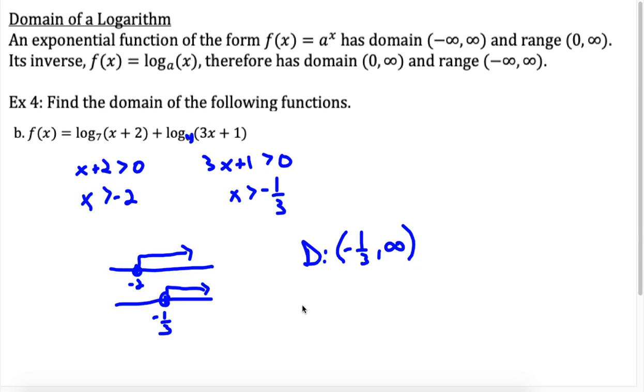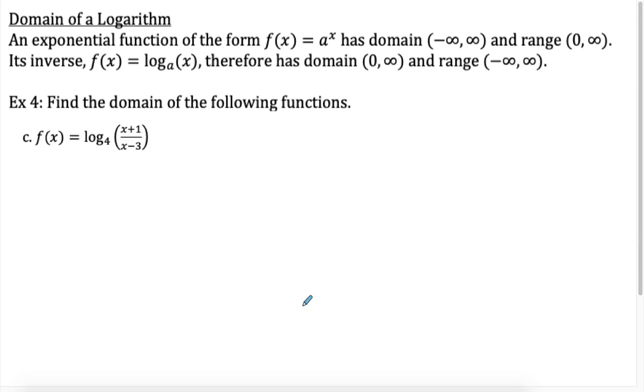All right. One final example right here. Again, we just want to take whatever's on the inside and say that that has to be greater than 0. So here we actually have to think about what we did in the last chapter. Whenever we have a rational function as an inequality, we want to use test points and make a sign chart.